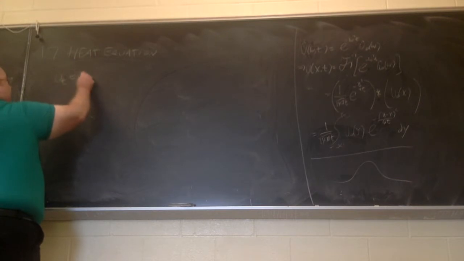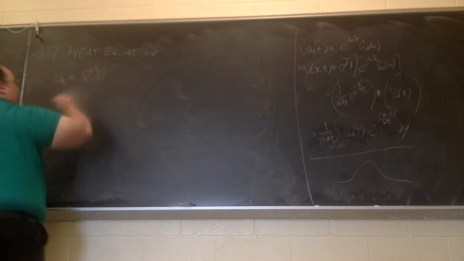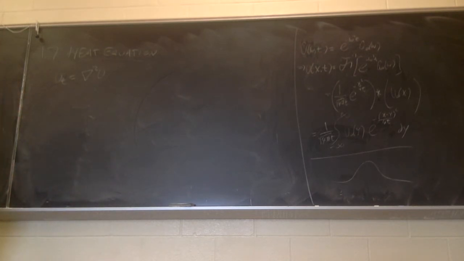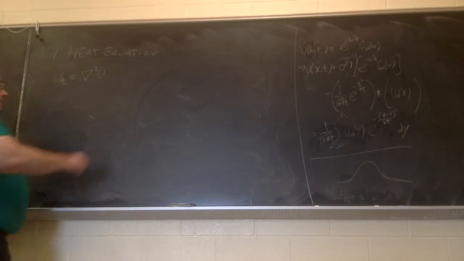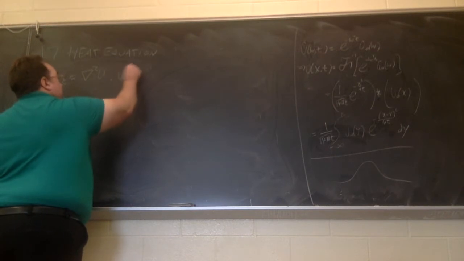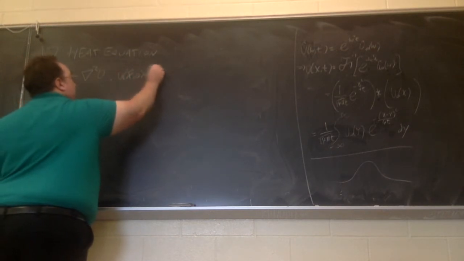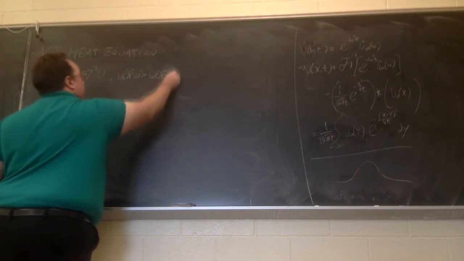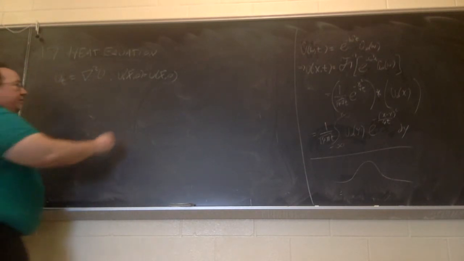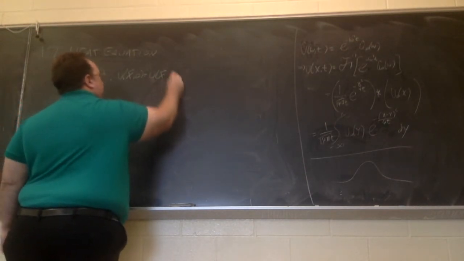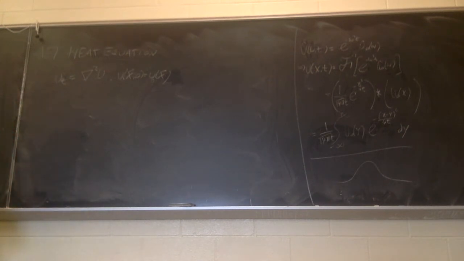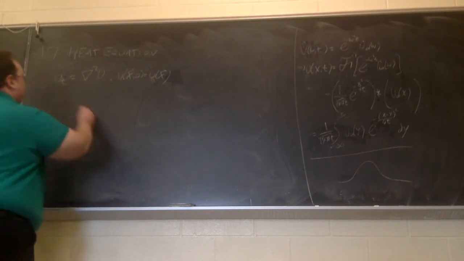In higher space dimensions, u t is the Laplacian of u in however many dimensions you have, and the same kind of initial condition, where x is now a vector valued quantity. So the solution has a similar form.